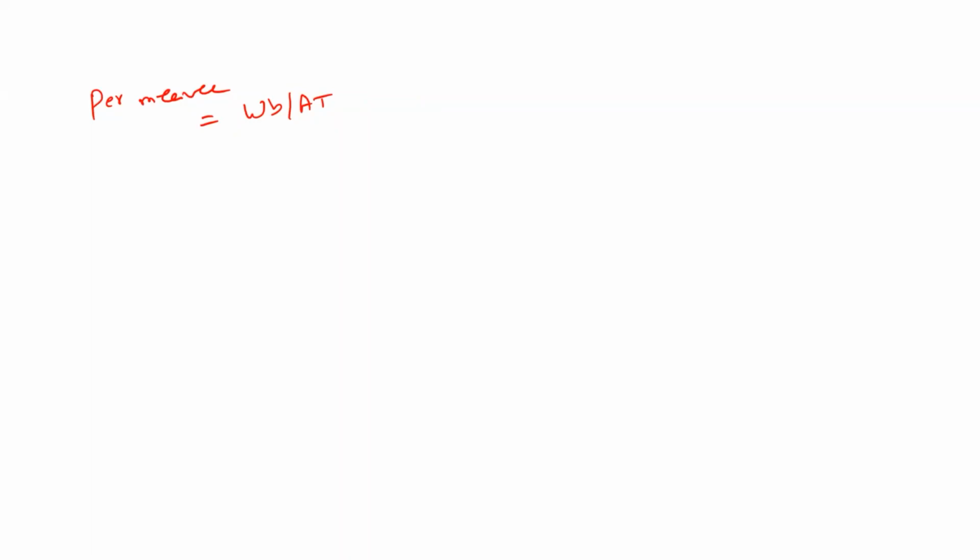Permeance is 1 by reluctance, that is A into mu naught mu r by L, and its units are Weber per ampere turn. Sir, which letter denotes it? I'm not sure which one it is actually.